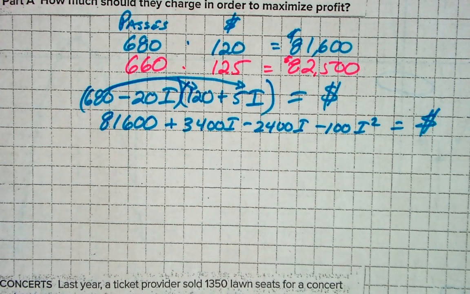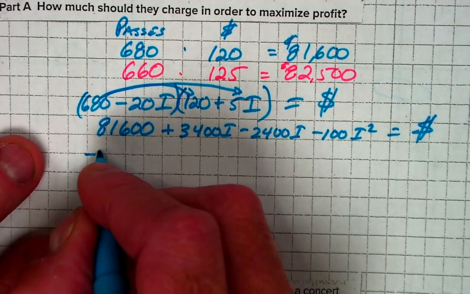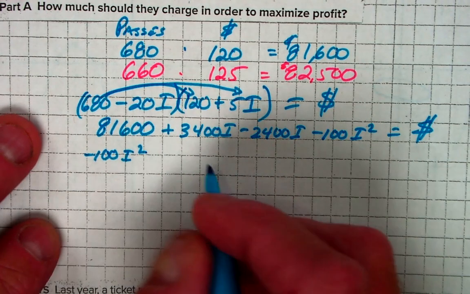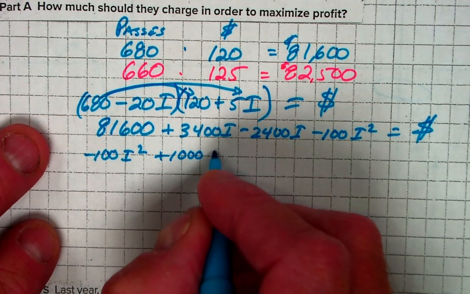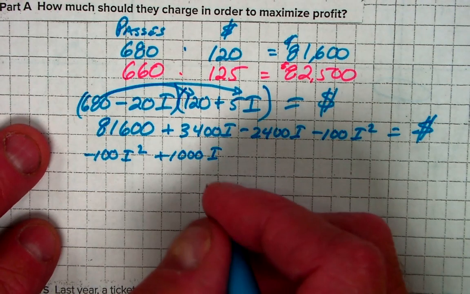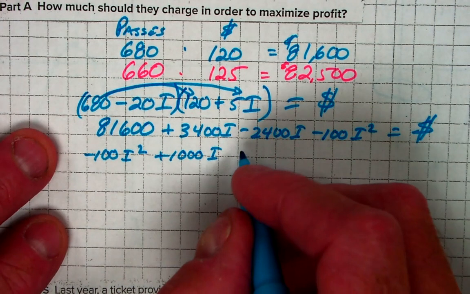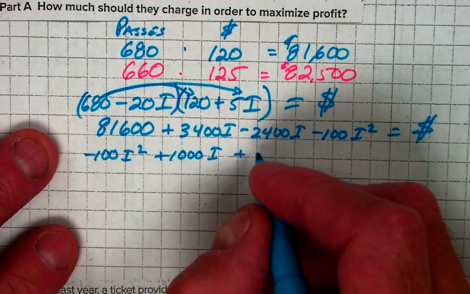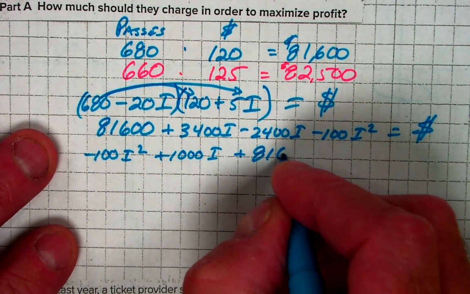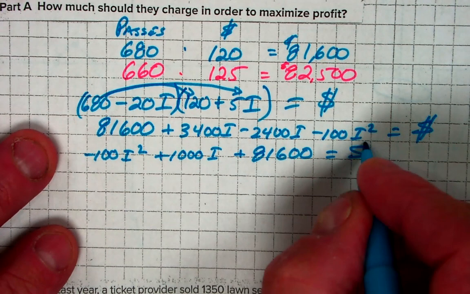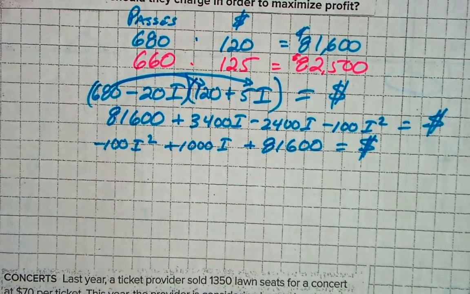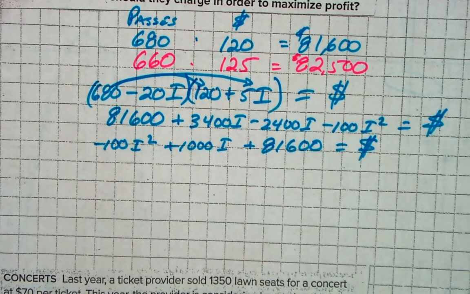I'm going to write this in typical quadratic form with my squared term first when I combine my like terms. Okay. So there's my quadratic formula that's going to give me the relationship between money and how many increases I have.